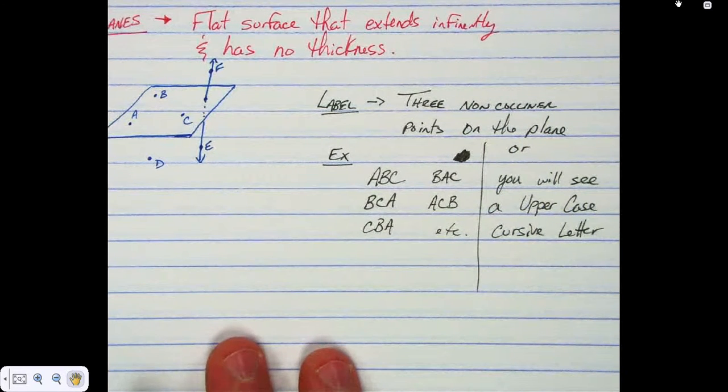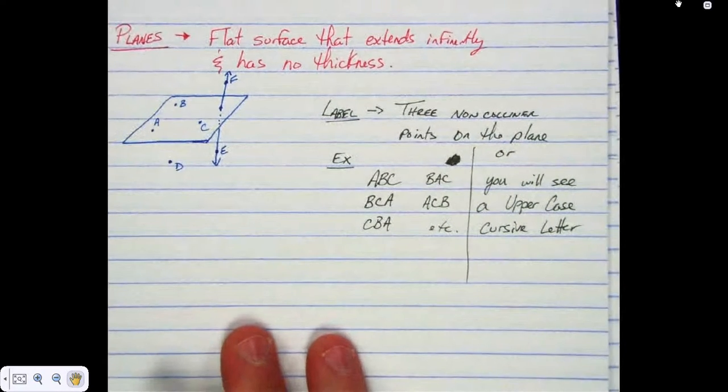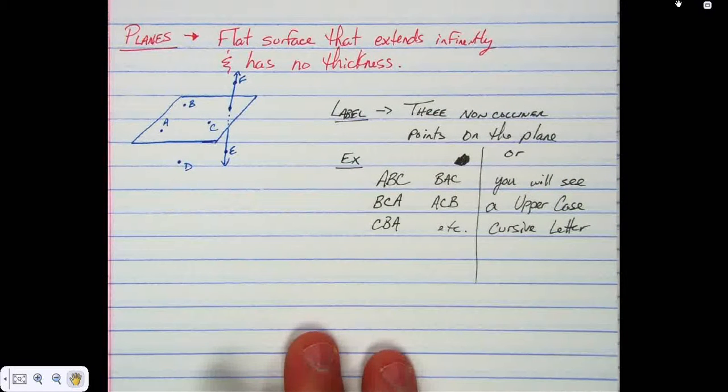You'll be able to tell it's different than the others. Now, I'm personally not a big fan of this, but here's the deal. When you see it in the book, you'll know it's different.